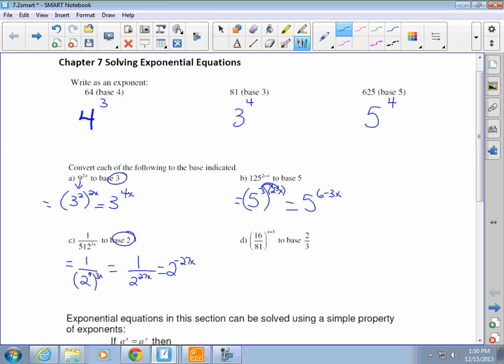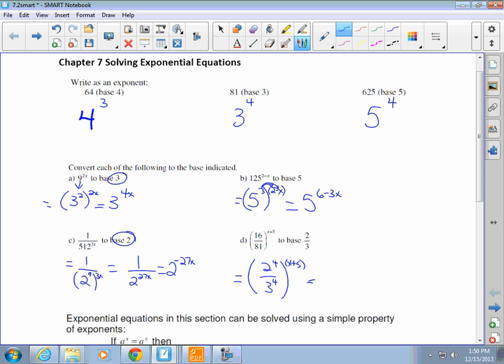16 over 81 to the power of x plus 5, we want it to the base of 2 over 3. So 2 to the power of 4 gives us 16, and 3 to the power of 4 gives us 81. And then these are to the power of x plus 5.